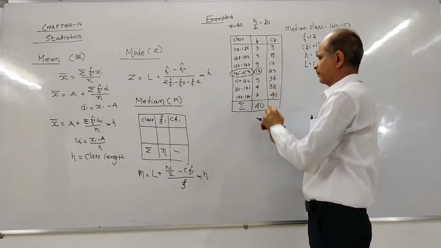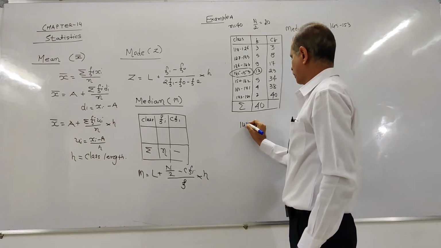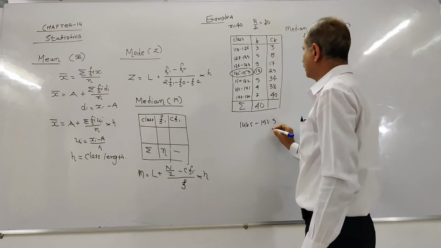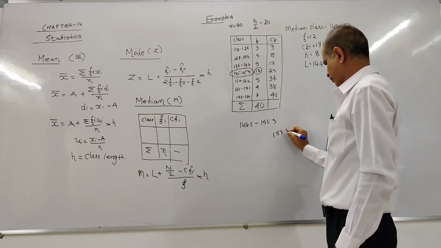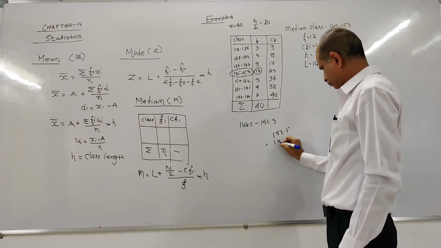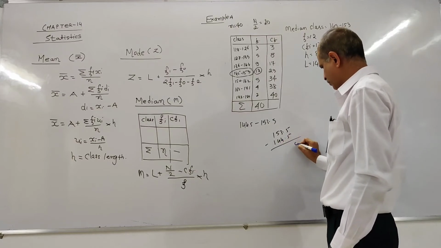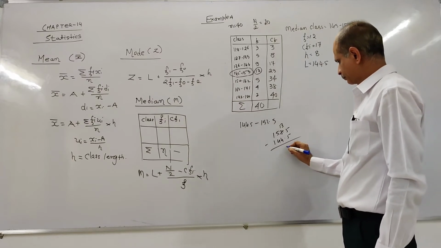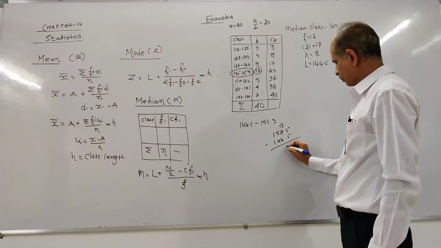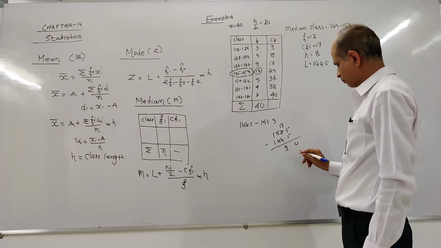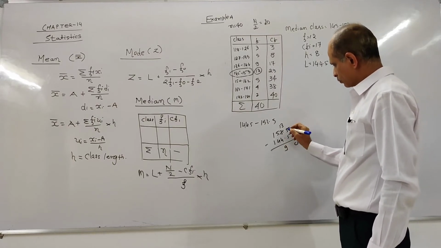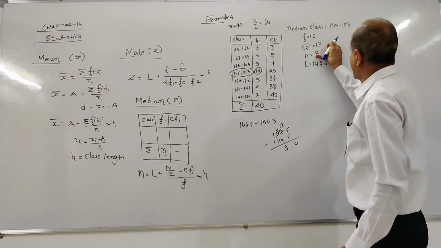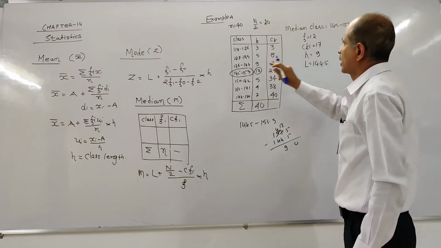Well, now you can subtract this. 153.5 minus 144.5 is 9, so the value of H is equal to 9.